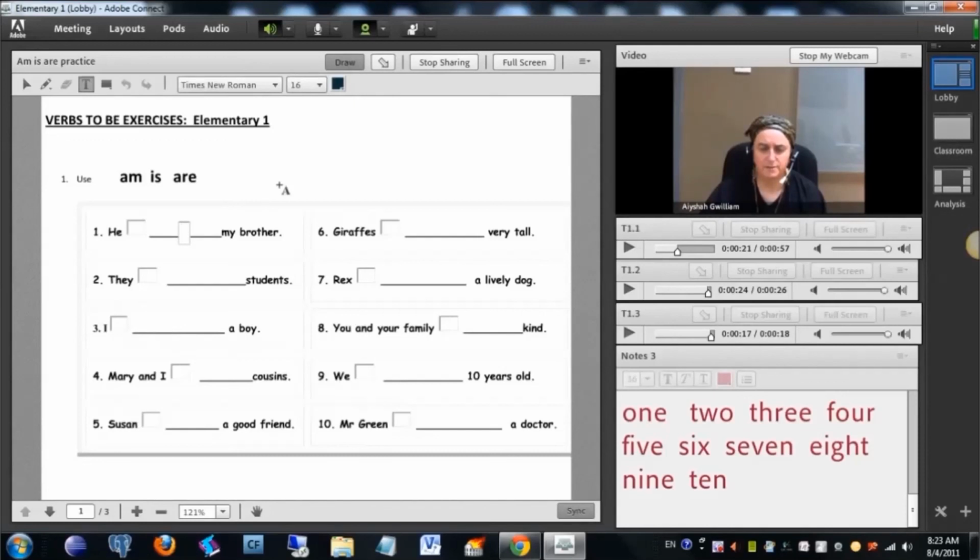They are students. I am a boy. Mary and I, remember this one, are cousins because it's plural. There's two people. Susan is a good friend. Giraffes are very tall.